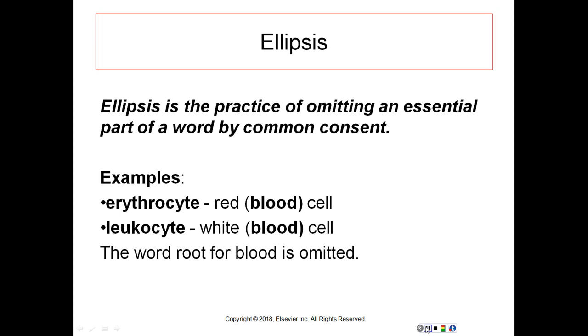And leukocyte is a white blood cell. But again, if you just said white cell, that is fine, because if you define leukocyte, the definition is white cell. If you define erythrocyte, it's a red cell. And actually, if you start at the ending with cyte, it's cell red or cell white. But again, hopefully you understand that. Sometimes you just have to put them in the way that it flows easier. And so the word root for blood is just omitted because it's understood that it's there.